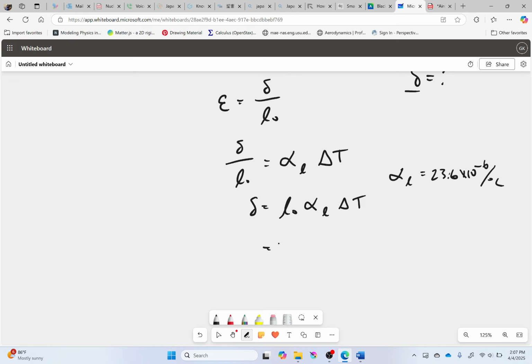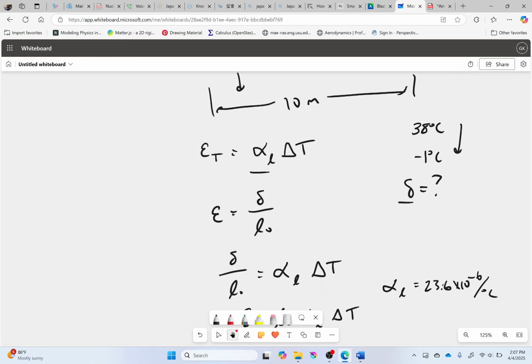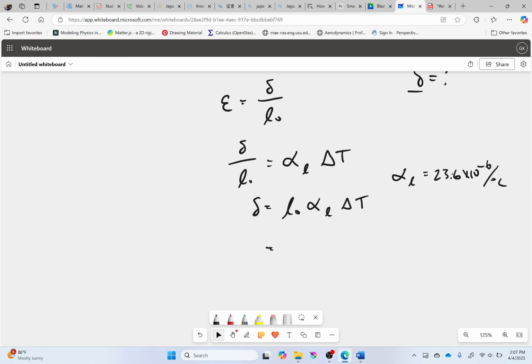So I'm going to put this in terms of meters, I guess, to start, and then we can convert it to something else. It's usually a very small amount that anything expands or contracts. So 10 meters there times 23.6 times 10 to the negative 6 per degree Celsius. And it went from 38 to negative 1.